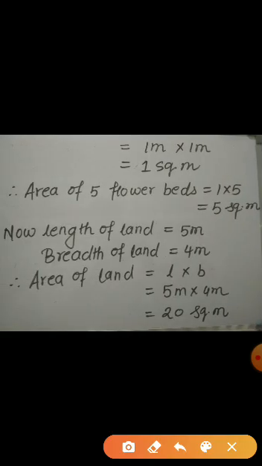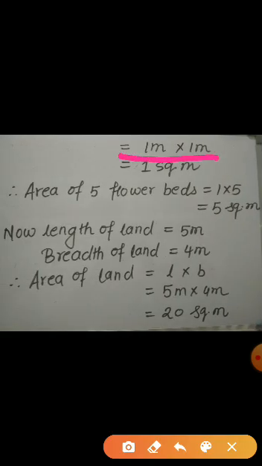So here, first we have to find out the area of a square flower bed and then we have to find out the area of land. Now, the side of a square flower bed is 1 meter, right? Therefore, area of a square flower bed is side into side. Now substitute the value here. Side is 1 meter.